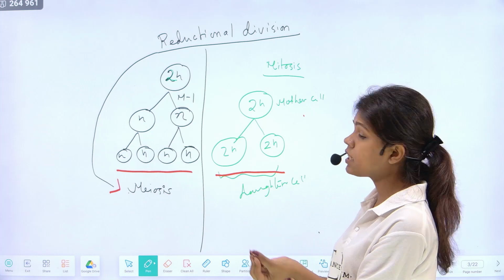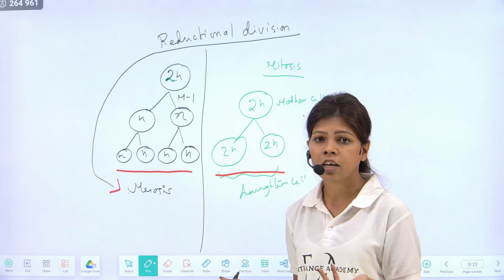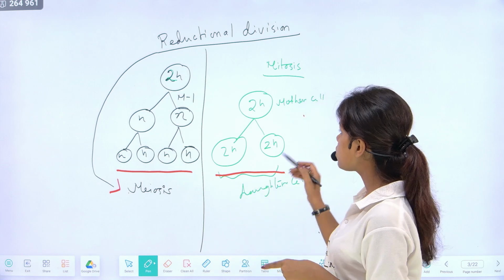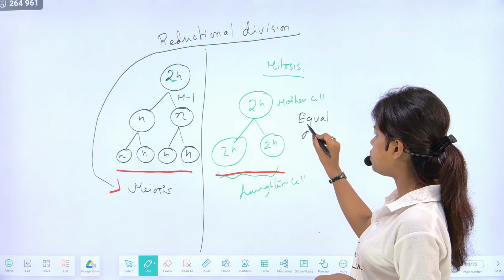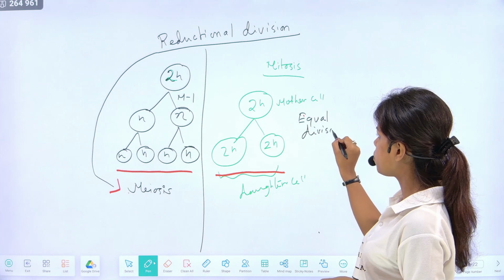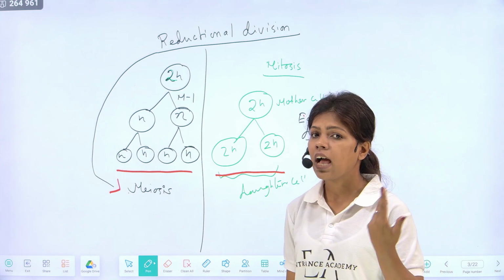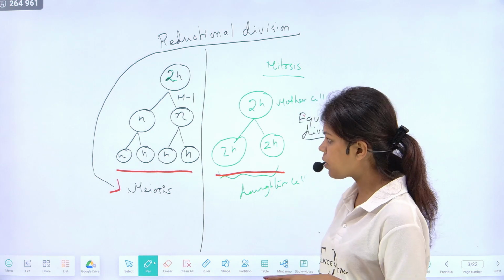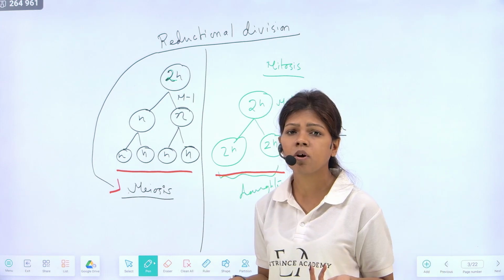The chromosome number is being reduced here, and that's why it is considered a reductional division, whereas mitosis is considered an equal division, because the number of chromosomes remains the same in the mother cell as well as in the daughter cell.